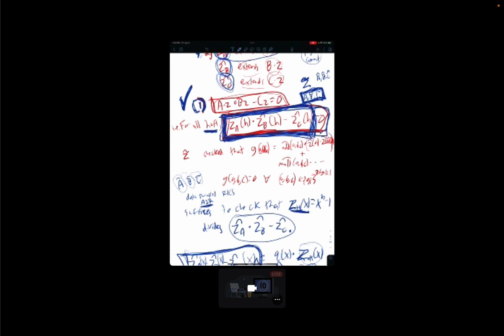So if you look at the paper on CCS, customizable constraint systems, you'll see an extension of Spartan to solve AIR.